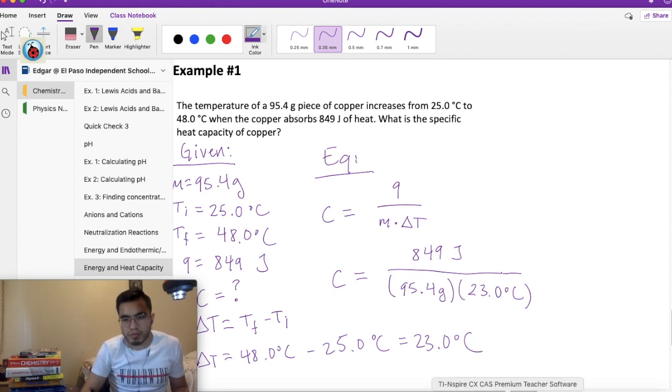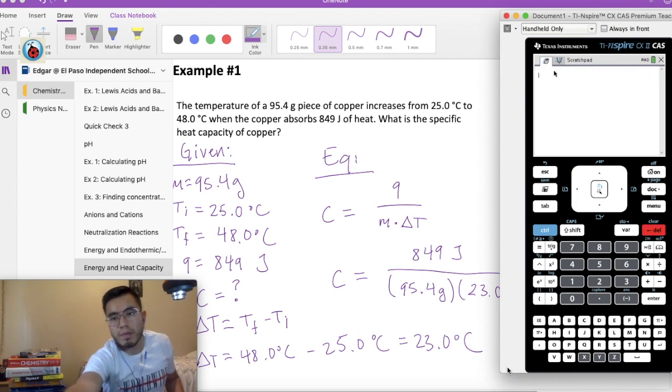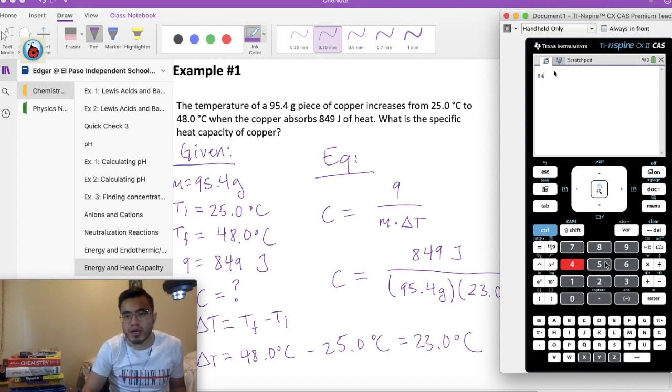So here you go. Let me erase this real quick. That would be 849 divided by, we're going to use parentheses, okay? Parentheses, double parentheses.